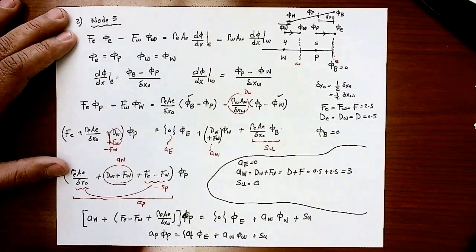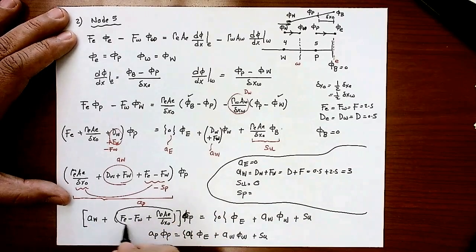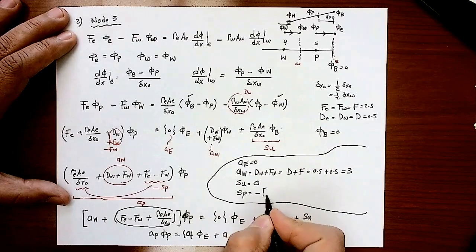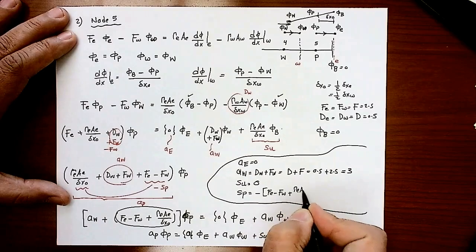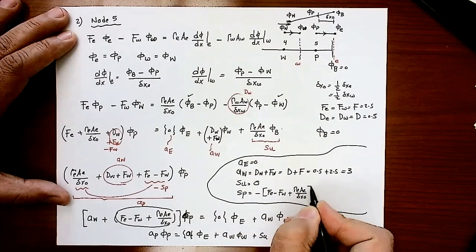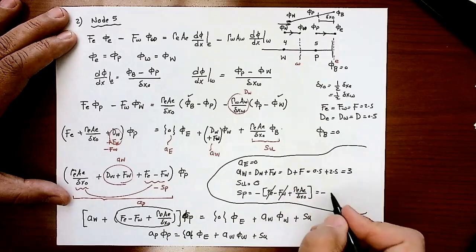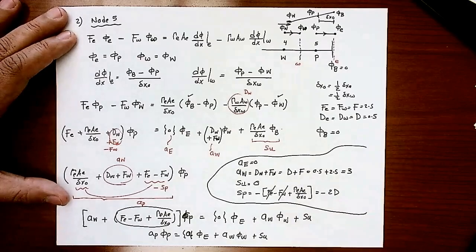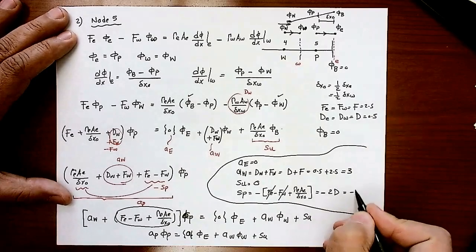Then let's look at the SP. This is totally the SP term. It's going to be minus F east minus F west plus kappa east A east over delta x node. I know F east and F west are equal, so I will have minus kappa east A east over delta x node. Delta x node is half delta x, so this will be simply minus 2D. The D value is 0.5, so that's going to be minus 1.